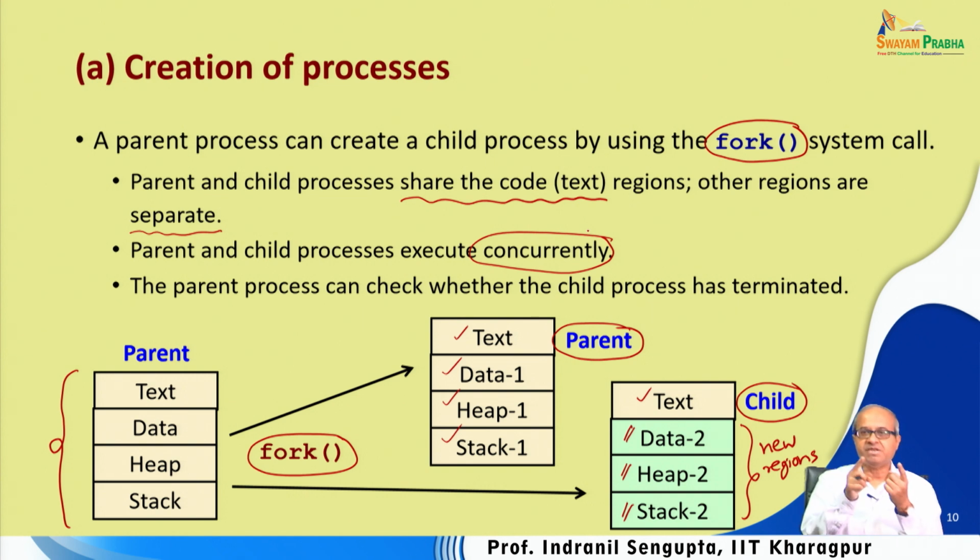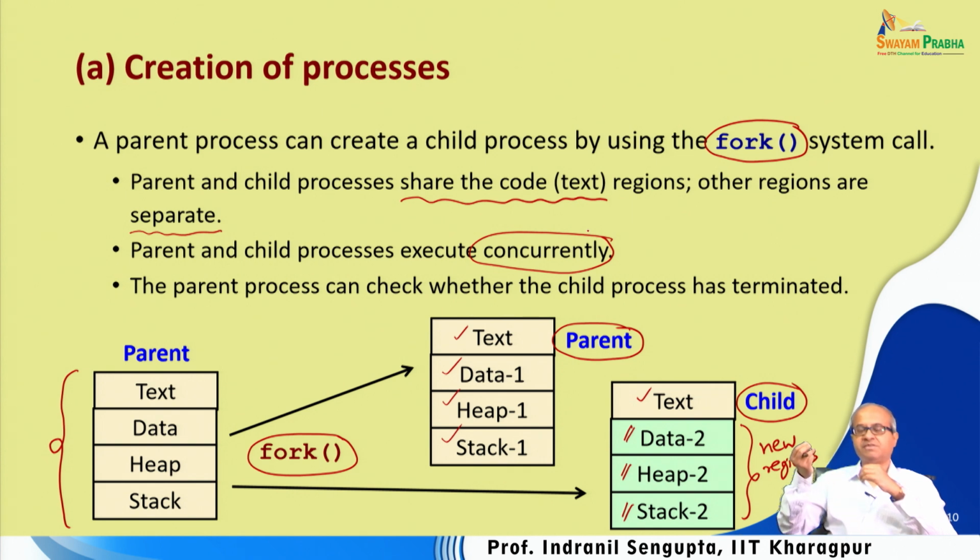So, the CPU can be shared among these different processes. Parent can be given some time, child can be given some time, again parent is given some time and so on. So, both parent and child will be executing in an overlapped fashion, that may be the more accurate word. However, if there are multiple processors or multiple cores in the system, then 2 processes can be running on 2 different cores or processors, and that is truly parallel execution, right.